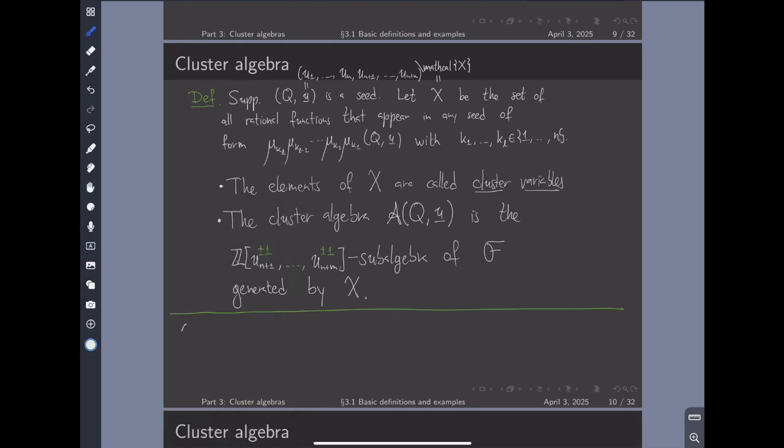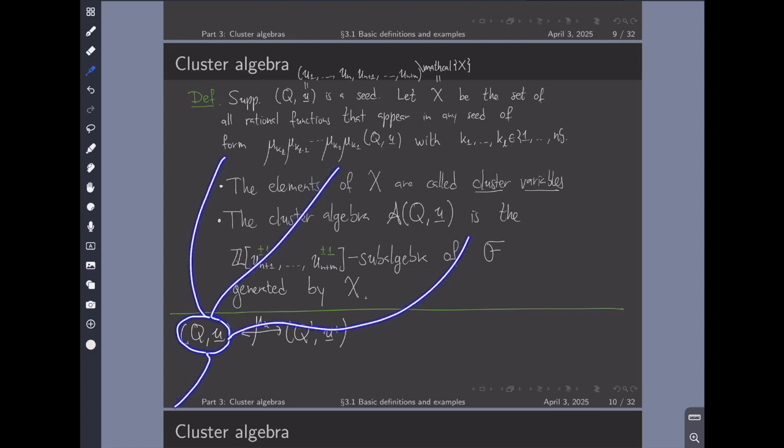Let's say that what I have is (Q, U) and (Q', U') related by a mutation mu_k. I draw the arrows in both directions because I know that mu_k of this one is this one, and this means that if I start with this one and mutate all around, then the rational functions I obtain are precisely the same as if I start with this one and mutate all around.